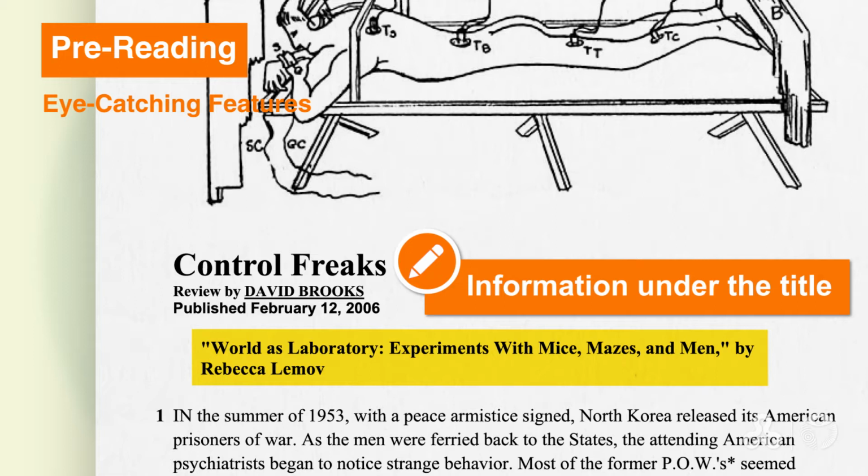From the title of her book, we can understand that the world is like a laboratory, מעבדה, conducting experiments on mice, עכברים, mazes, מבוכים, and men, אנשים. It's interesting that she puts men in the same category as mice and mazes.